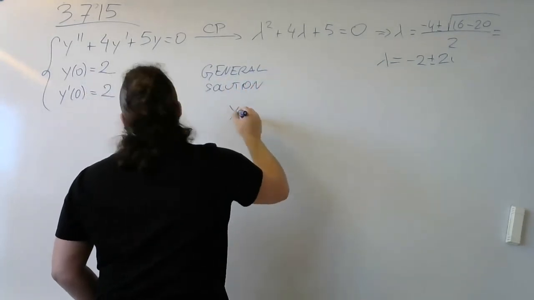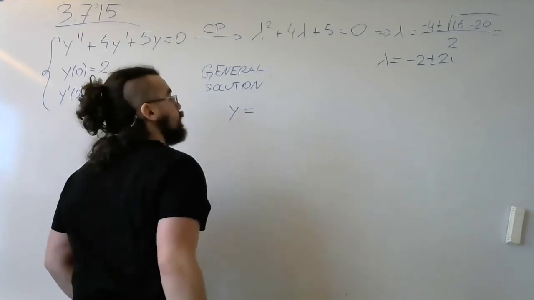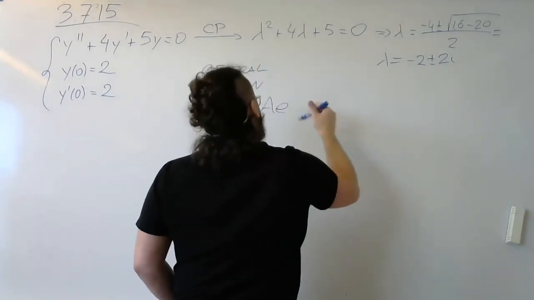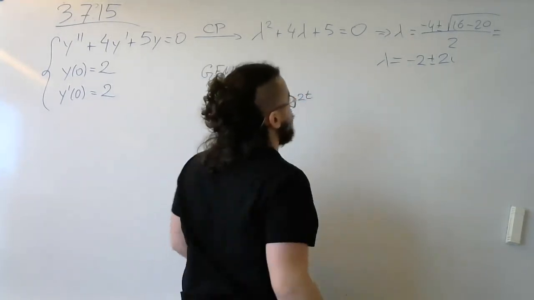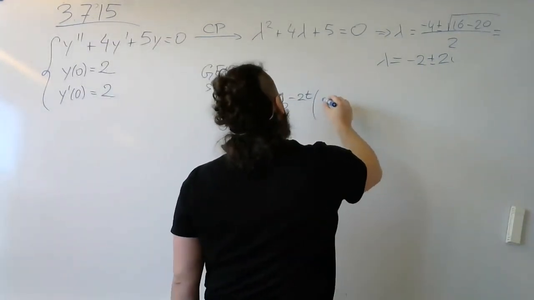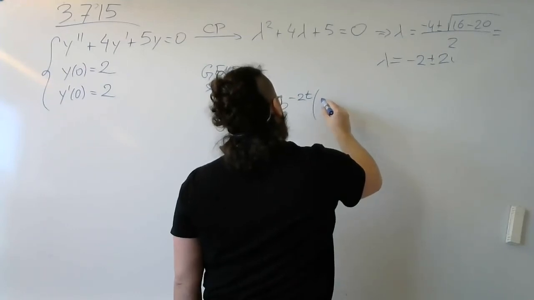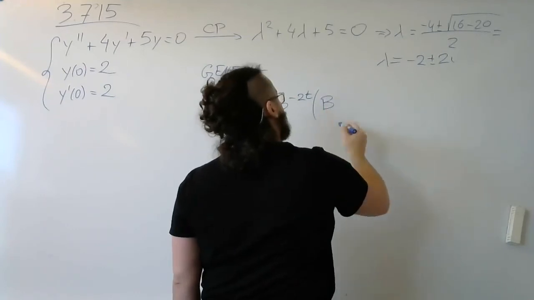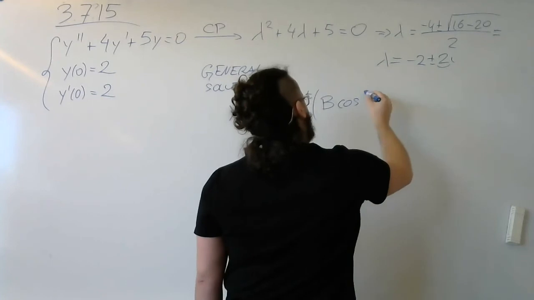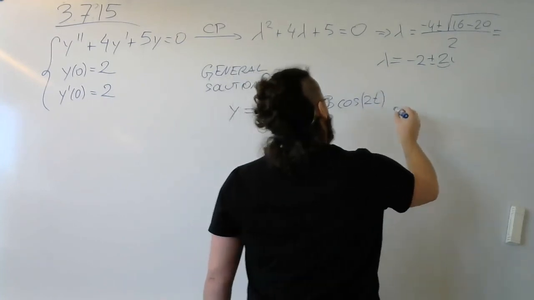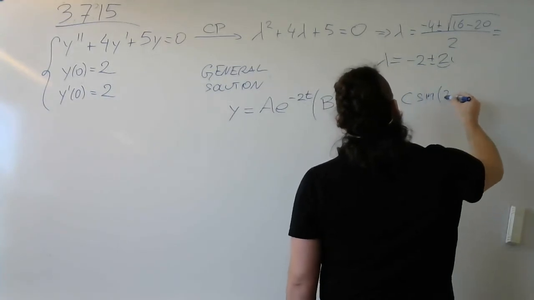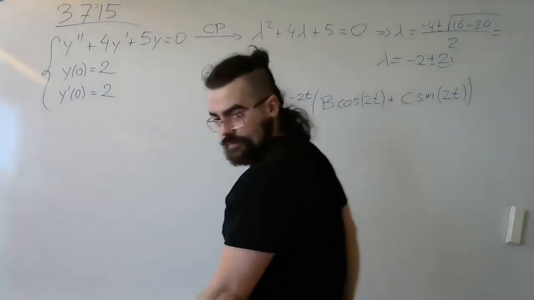is y is a e in power the real part times t that multiplies, if I remember correctly, b cosine the imaginary part t plus c sine of the imaginary part.